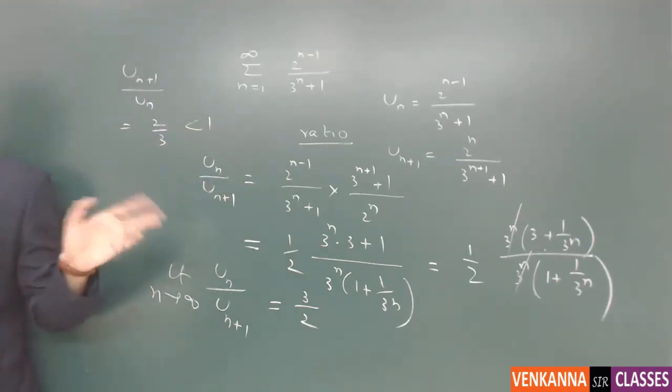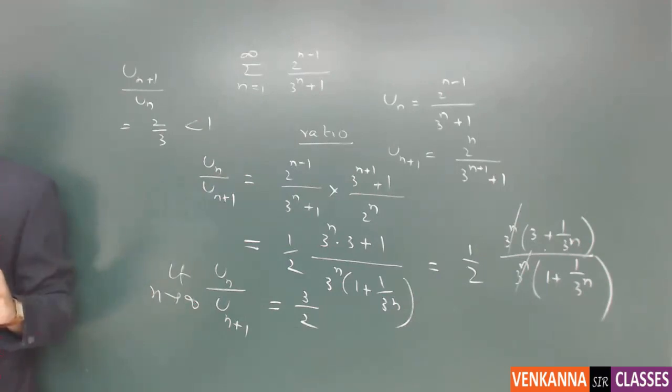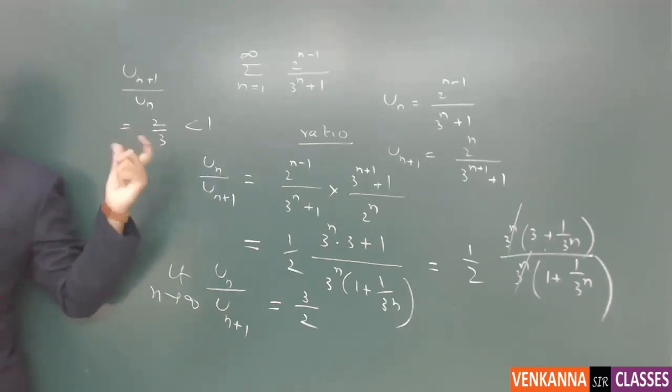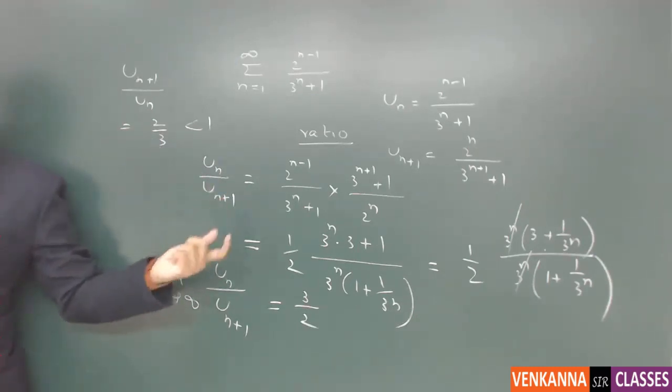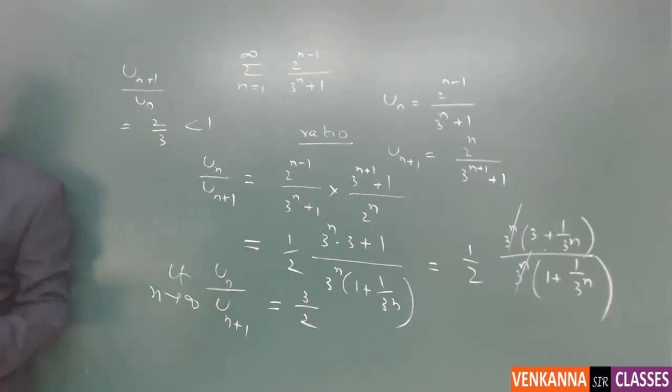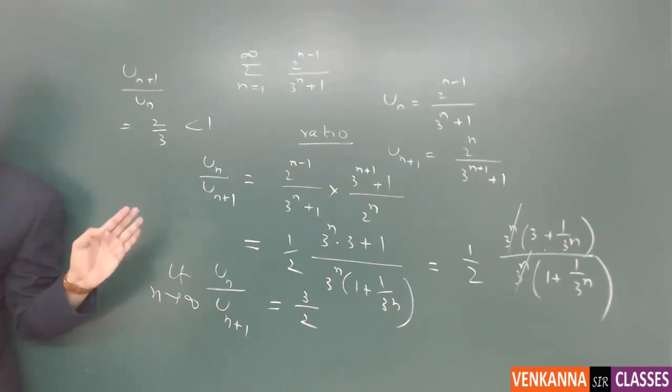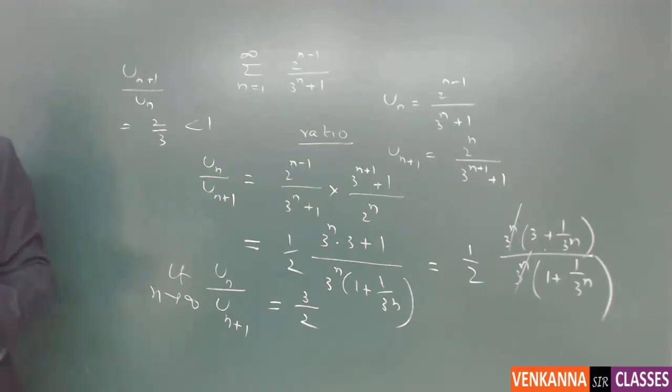You can apply either of the conditions. So if the ratio gets reversed, the limit condition gets reversed. That is the only case here. Nothing more than this. Right. Have you finished this? Right. I will take the other one.